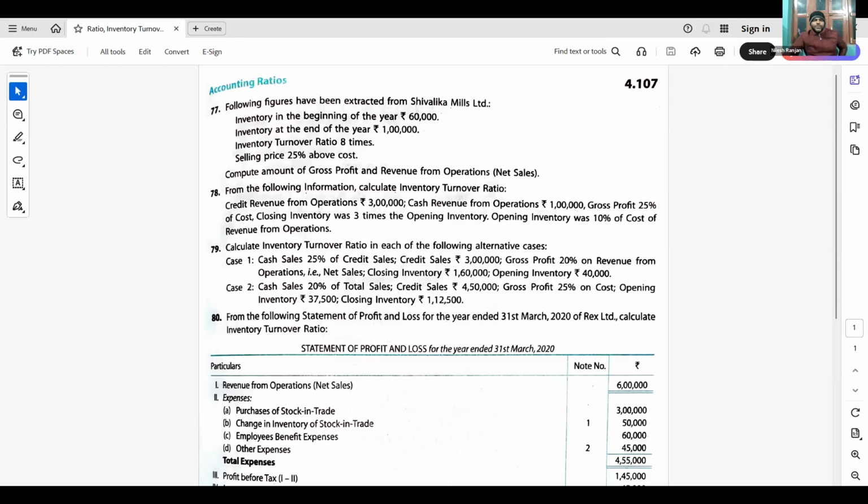So this is the solution. I think you have done the same. Total revenue from operation is 4 lakh. Gross profit, you have calculated 80,000. Then cost of goods sold is 3 lakh 20,000, and 3 lakh 20,000 into 10% is 32,000.